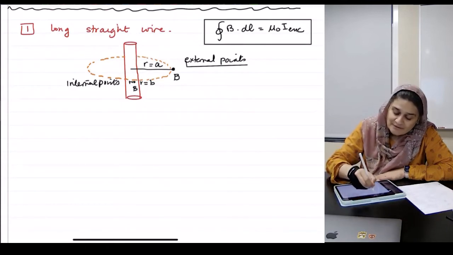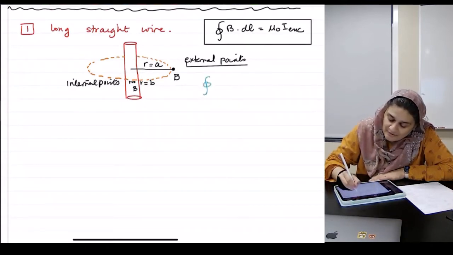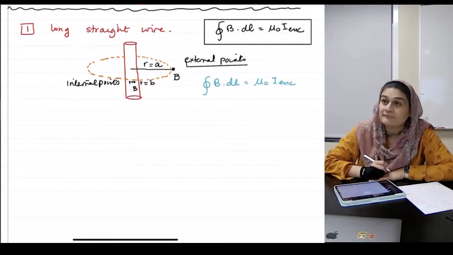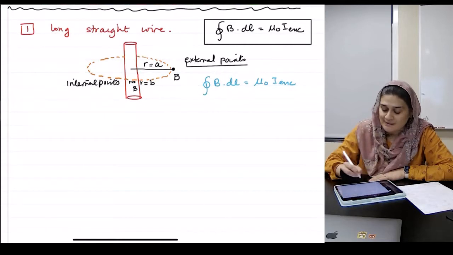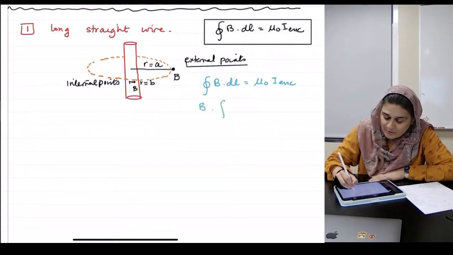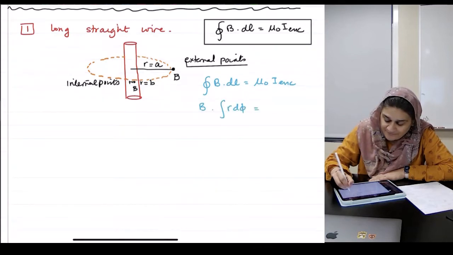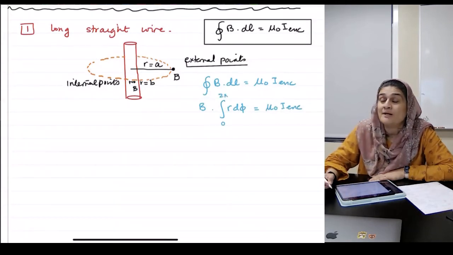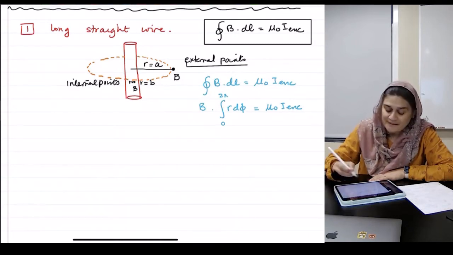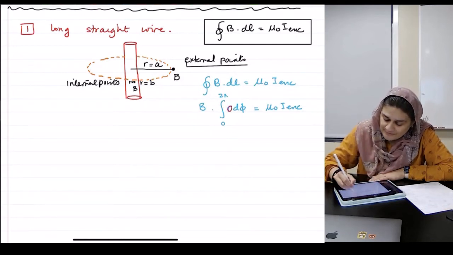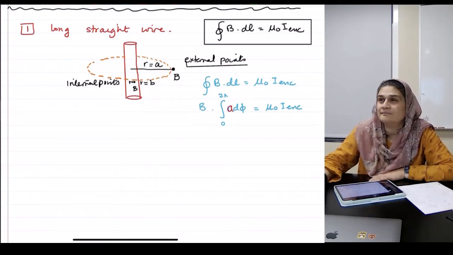So how will I write B dot dl in this case? Is B a constant? Yes. Over R d phi, from 0 to 2 pi for a circle. What is R in this case? I defined it as A. Is A a constant?